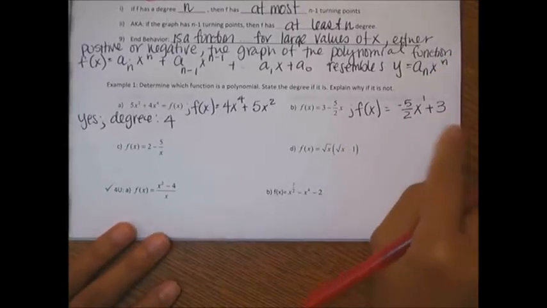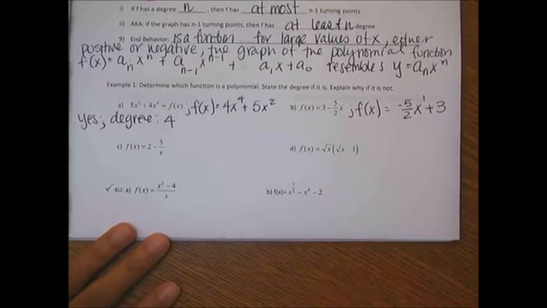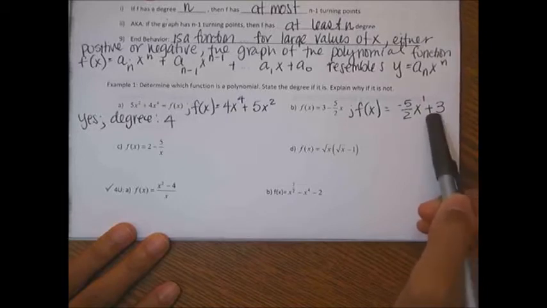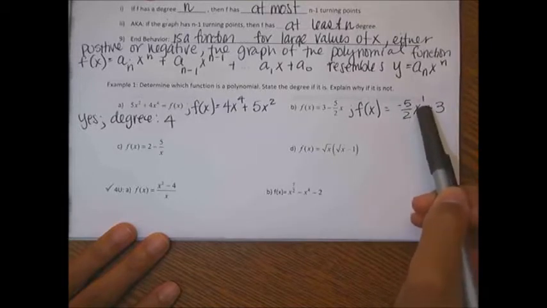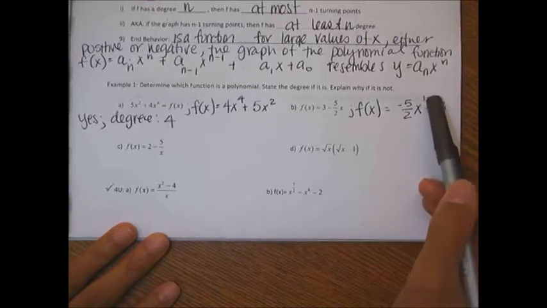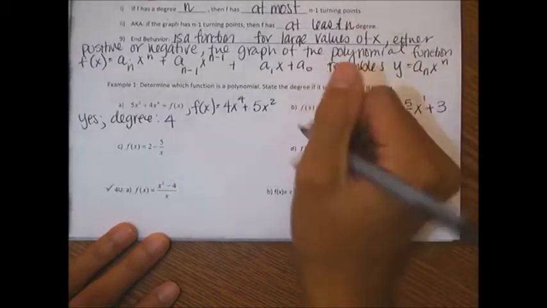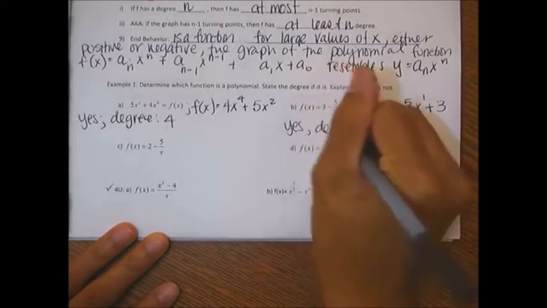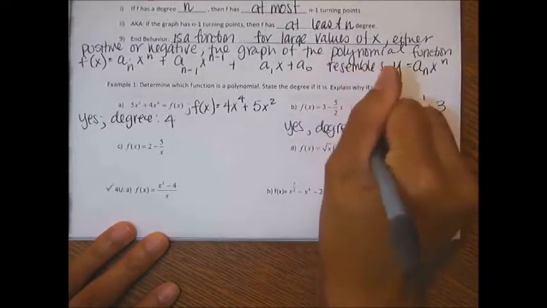This right here doesn't have any x. So if I compare between an exponent of 1 with this x and no x at all, this is a degree of 1. And so therefore, because you do have a degree, the exponent is a positive number, so this is also a polynomial with a degree of 1.